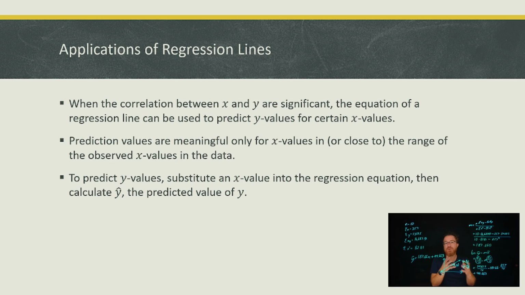Meaning that if I have values of x that are between 1 and 15, it doesn't really make sense for me to make a prediction somewhere like 34 or something like that. I need to be limited to, again, on or within or near those x values that I actually have, because the further you get from our data, the less reliable this line will become for prediction.